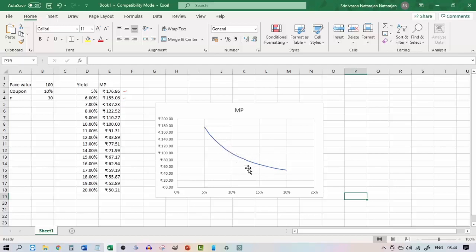It's got a curvature, and the curvature is towards the 0 point. And if you notice the nature of the curve, it's convex in nature. And that is why when we measure the slope of this curve, we refer to it as the convexity of the curve. Now, let's get into this in a little more detail.